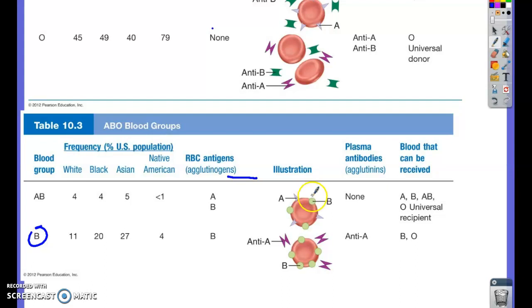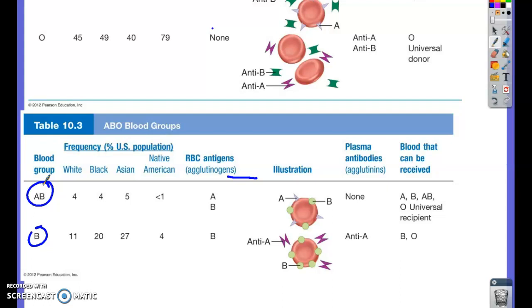And if it has both the B and the A, then it would be type AB. So they're named for the type of antigens they have. AB blood has A and B antigens. O has no antigens. A blood has A antigens, and B blood has B antigens.